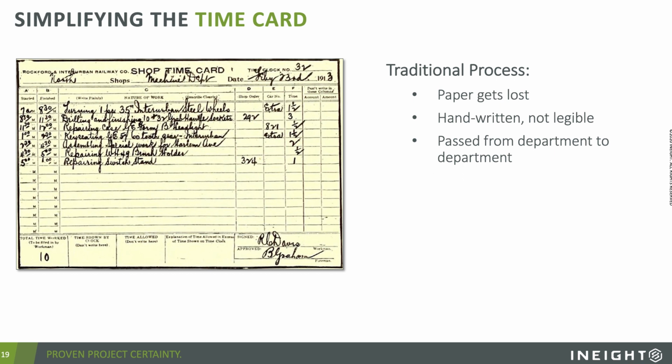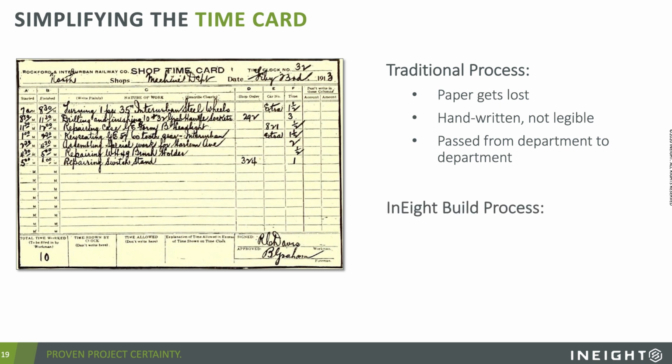And again, it had to be passed from department to department. So even if it didn't get lost, there were multiple systems it was getting entered into, whether it's accounting, whether we're tracking the quantities in a quantity book, whether we're pulling the hours into our safety metrics. They all were disparate departments and systems.